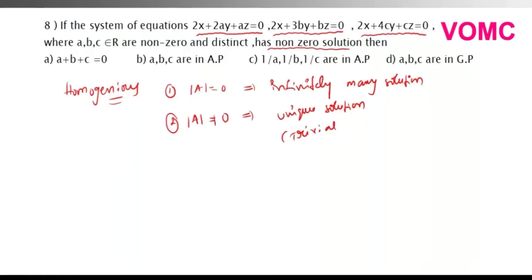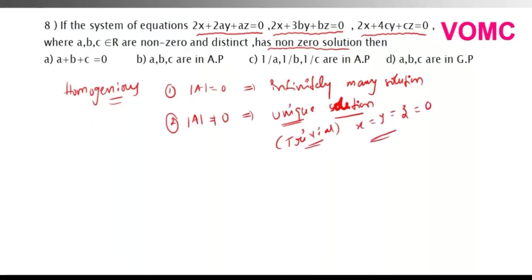Trivial means all are equal to 0: x equals y equals z equals 0. So this is the concept. For homogeneous equations, if det A equals 0, the system has infinitely many solutions. If det A is not equal to 0, the system has a unique solution.